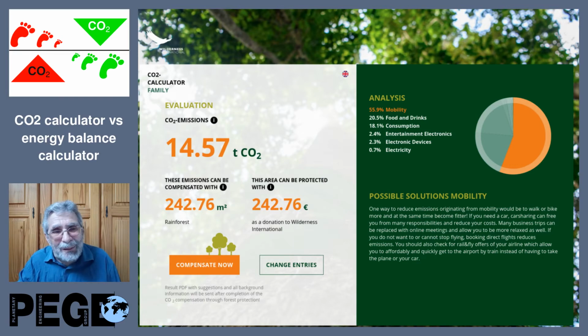But between the example where I produce no electricity and have a diesel engine car, and the one where I have 43 kilowatt of photovoltaic producing 33,000 kilowatt hours of electricity per year and use an electric car, there is less than 1 ton of difference.